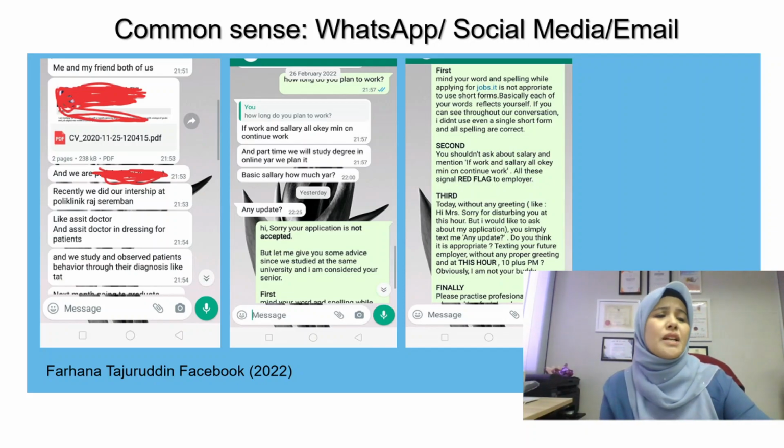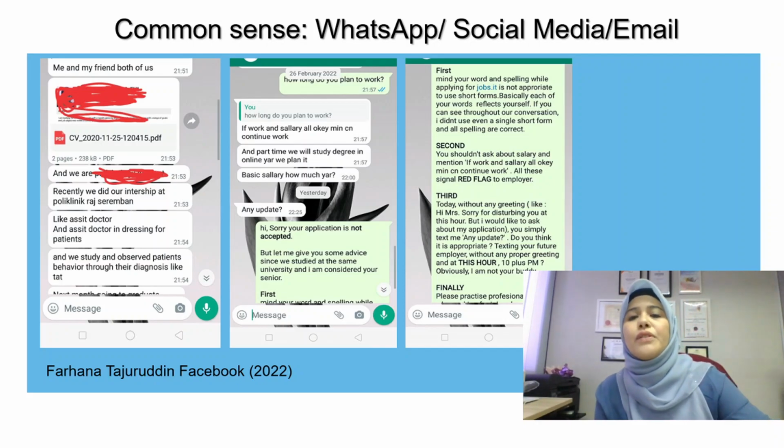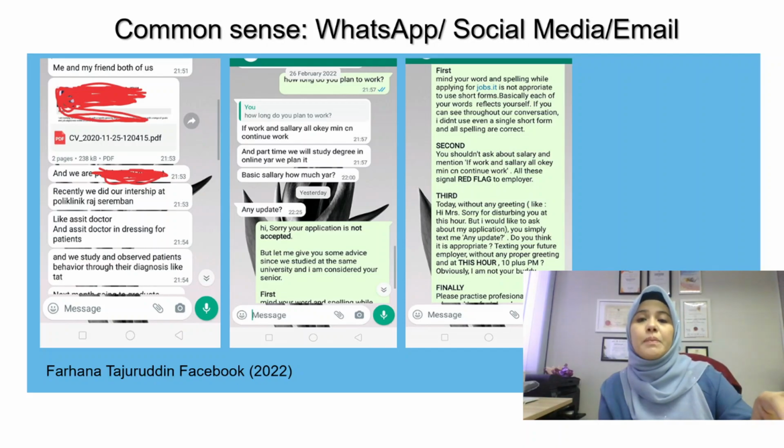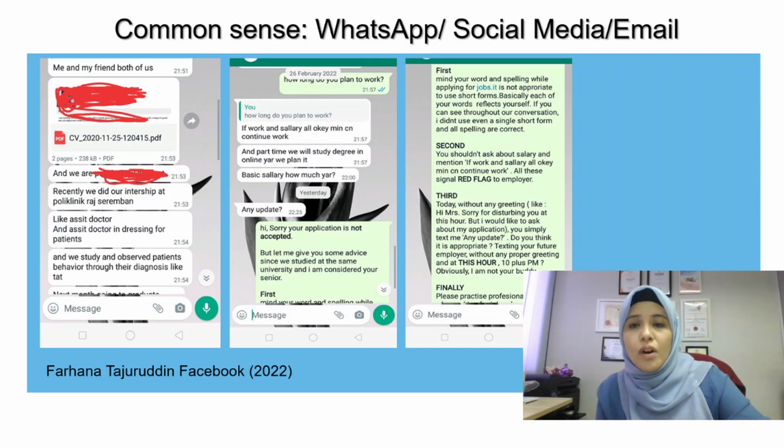It is okay to use short words with your friends and family, but not with other people, including your employer, your lecturers, or anybody that you engage with formally. I didn't use even a single short form, and all spelling is correct.